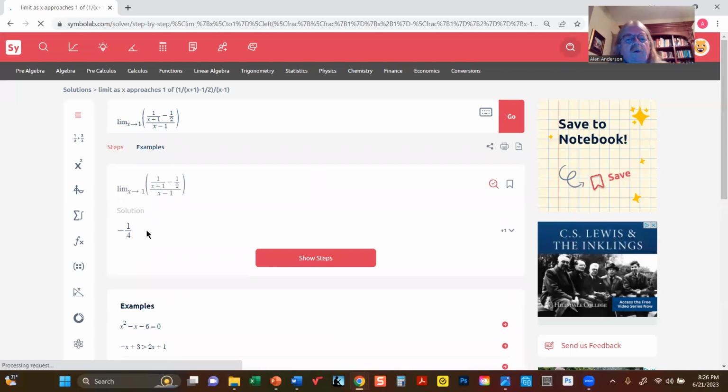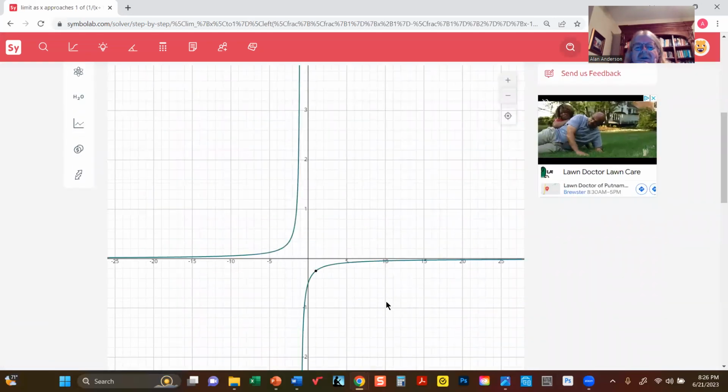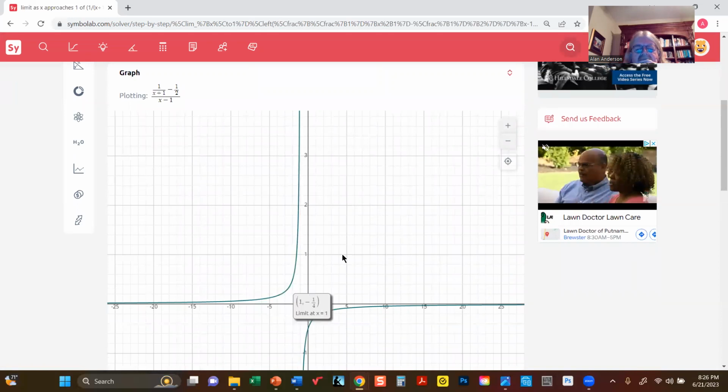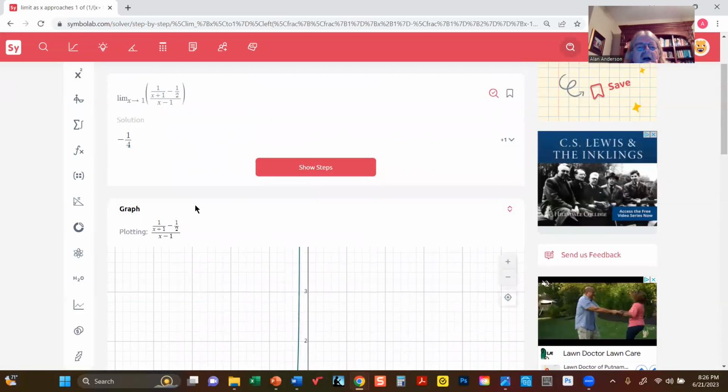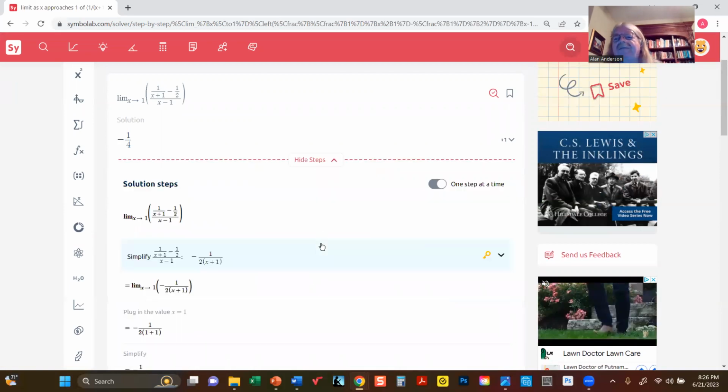Yeah, negative a quarter. So it very helpfully gave us a graph too. So at x equals 1, there it is, negative a quarter. Now, the thing is, I have a subscription to this, so I'm not positive it will show you all the steps if you're not paying for it.